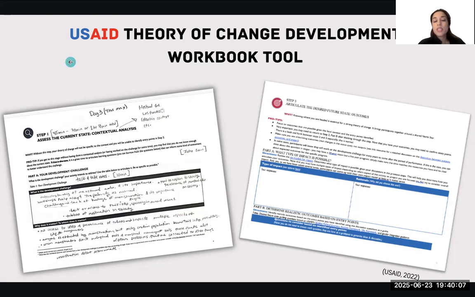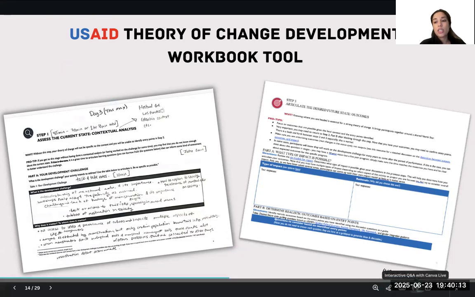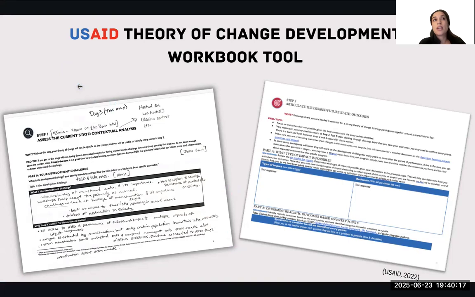This tool helped us think about the contextual analysis, the actors, and it asked questions about what opportunities we have for change and where the door is totally closed and there's no opportunity for change. Where is the momentum? Where is there no momentum? Who are the stakeholders?